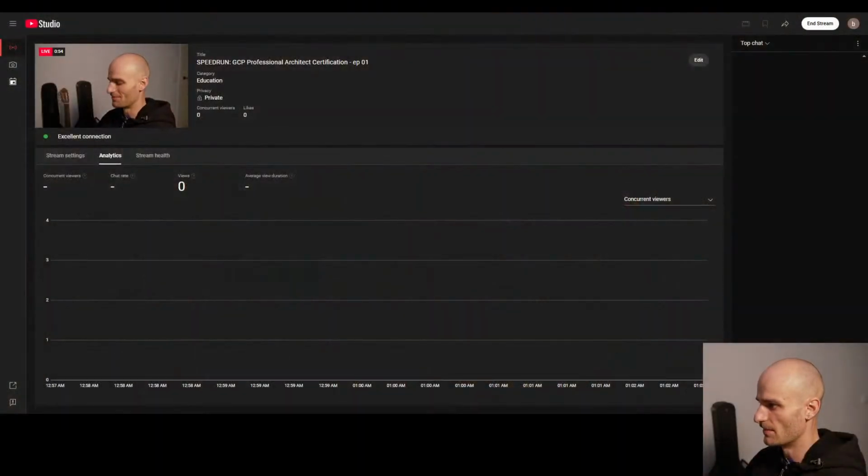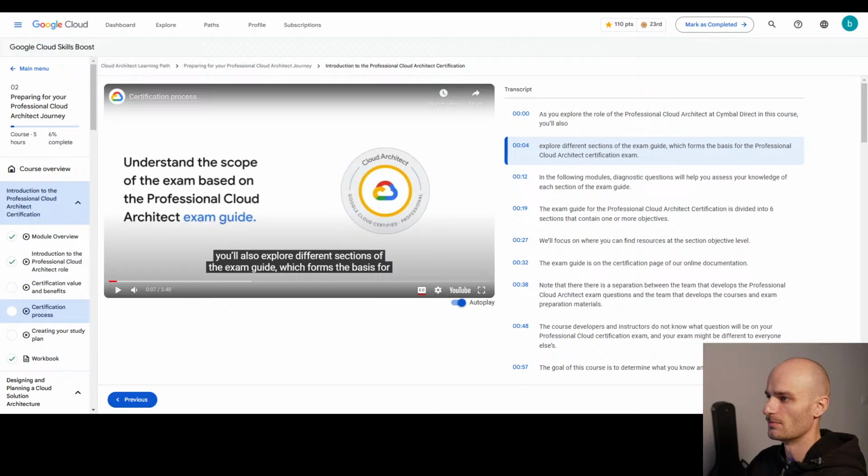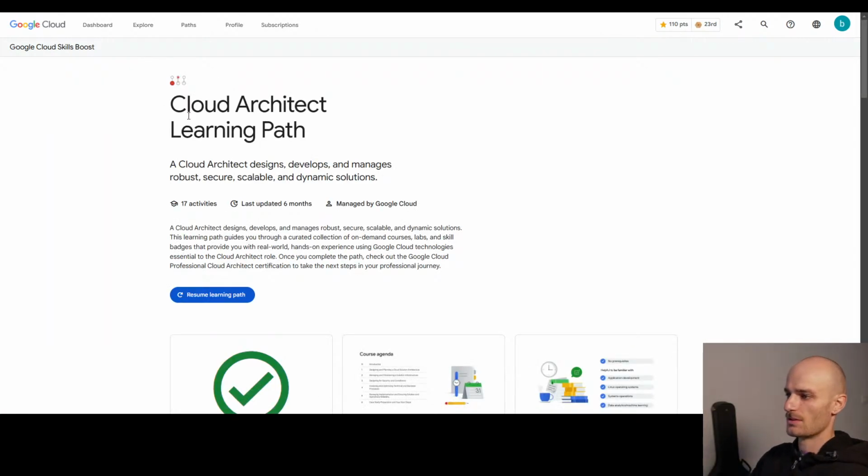Now I can share with you. So I'm using Google Cloud Skill Boosts, which contains many courses, many paths, and I chose the Cloud Architect learning path.